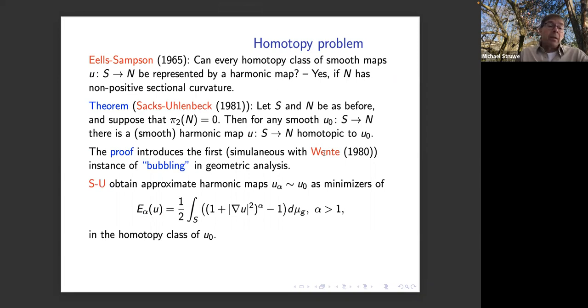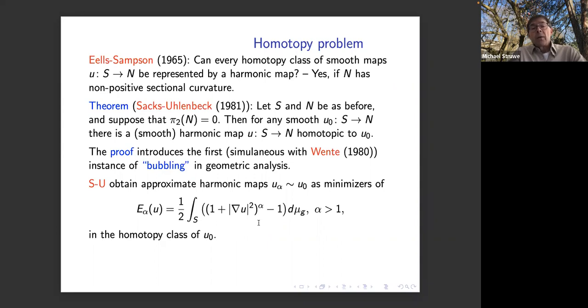So the Sacks-Uhlenbeck approach is via approximate harmonic maps that minimize an approximate Dirichlet energy given here. So for any alpha strictly larger than 1, we define E_alpha of u to be essentially the integral of |gradient u| to the power 2 alpha. So we take a power strictly larger than 2 in which we measure the Dirichlet energy.